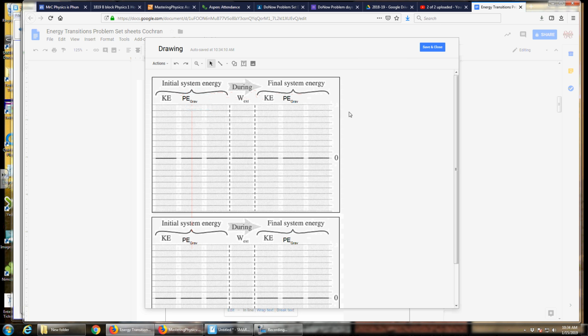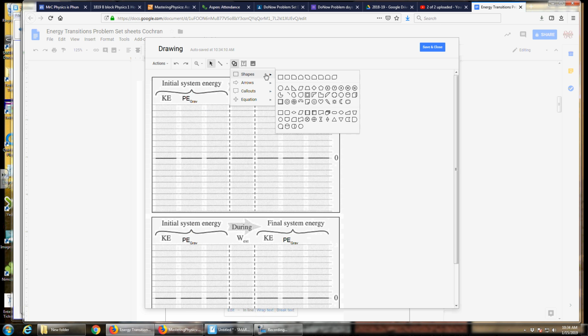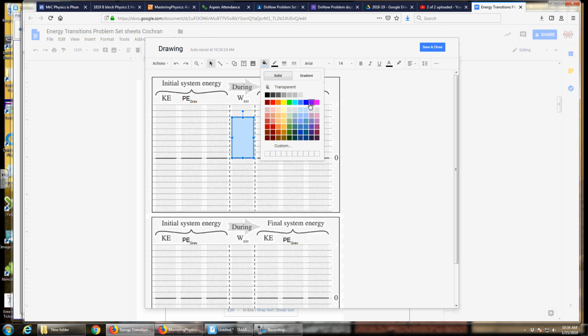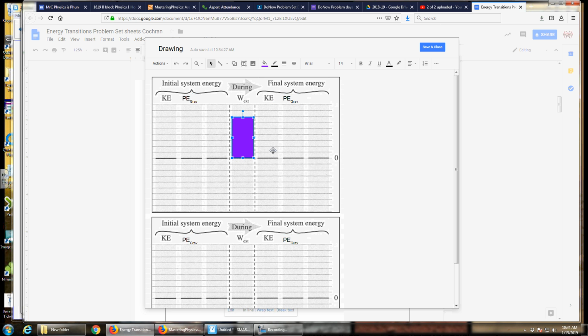Alright, so I've got my PE grav column in each one. At the beginning, it doesn't have anything. I think I do external work on it to add energy to it. That energy goes to increasing its PE grav.